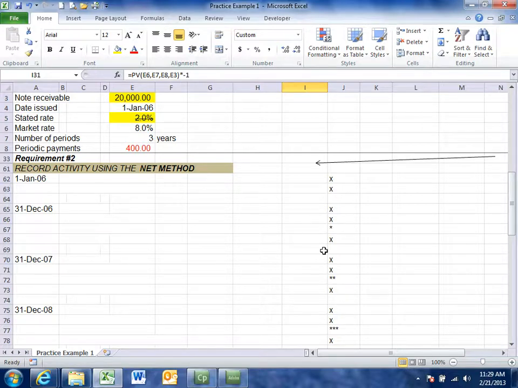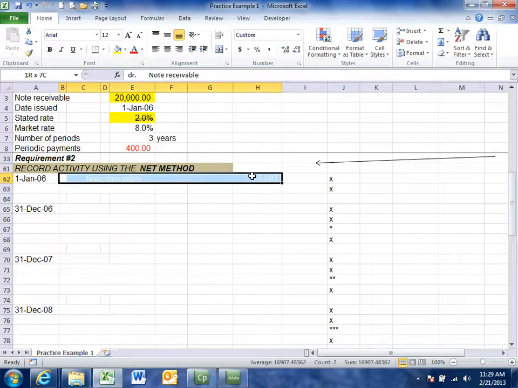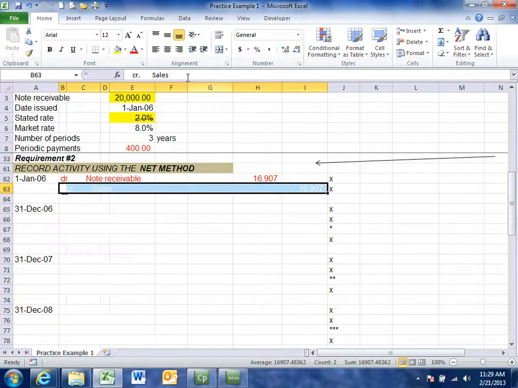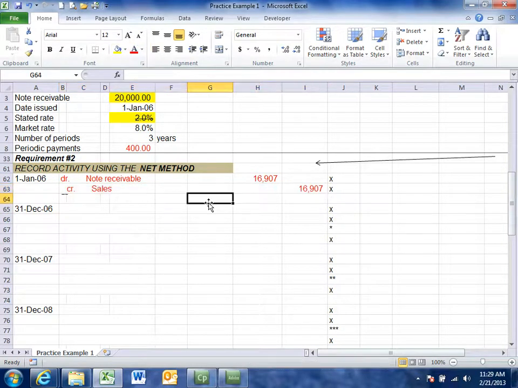So under the net method, we simply set up the note not at its gross value but at its net value, which means when we do the initial journal entry, we're going to debit note receivable for the present value of 16,907, and credit sales revenue for 16,907. It's sales revenue because we provided services, but under this method we're not setting the note up at the full face value. We're just setting it up at the discounted rate.